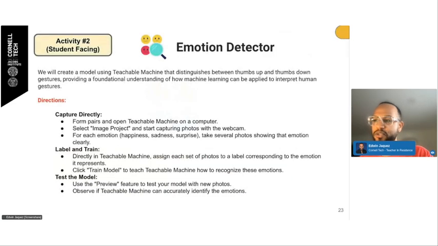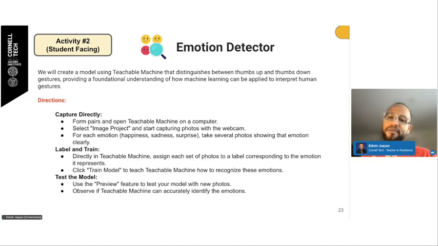So for this model, students would create different classifiers for the different emotions that we want their machines to interpret. I usually like to create parameters so that students aren't creating more than what is needed, right? And also to sort of guide them through the activity.